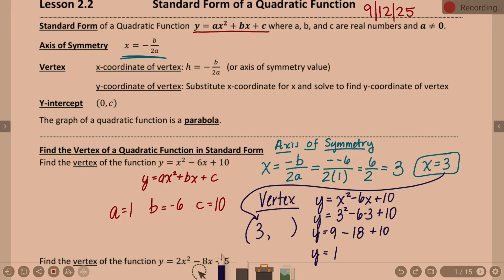So I just found y to be 1. What do we know then? That's the second number of my vertex. And my vertex is the ordered pair 3, 1. Okay?